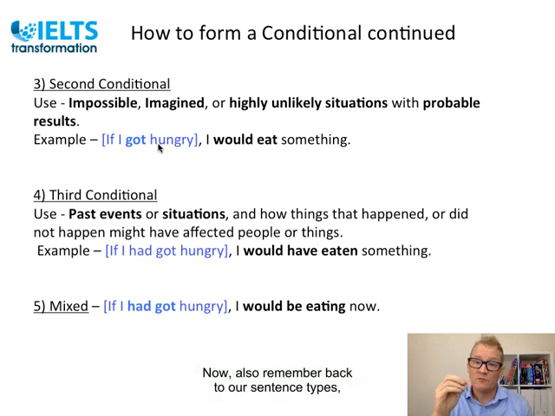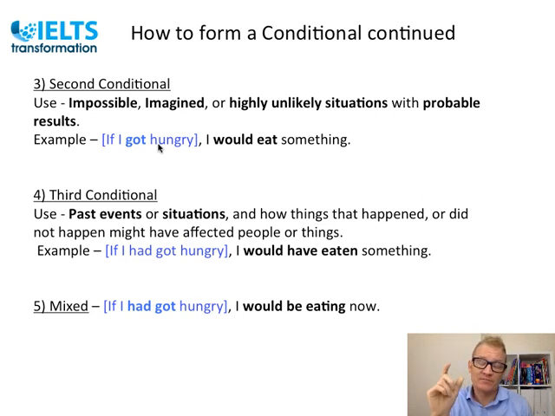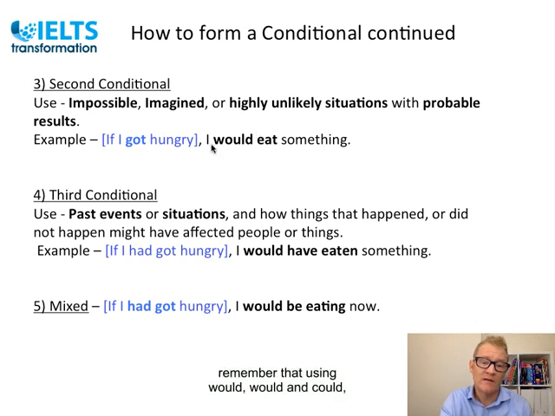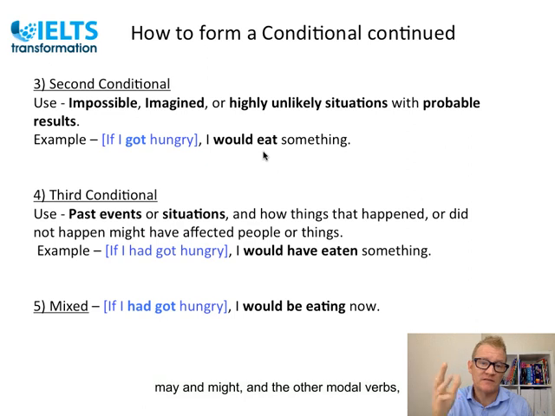Now also remember, back to our sentence type 3, when we talked about complex structures, remember that using would and could, may and might, and the other modal verbs is a complex structure.